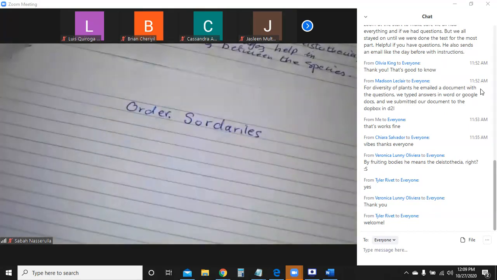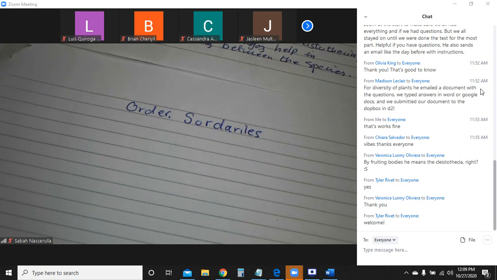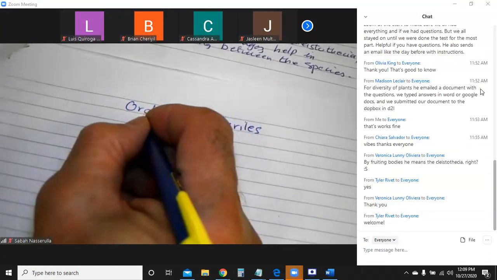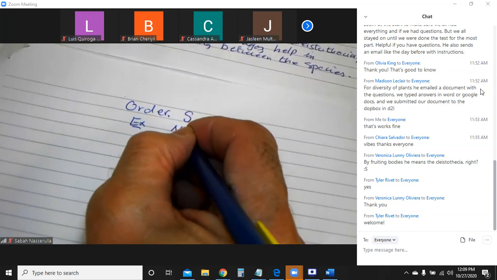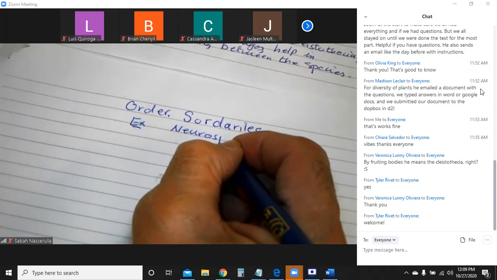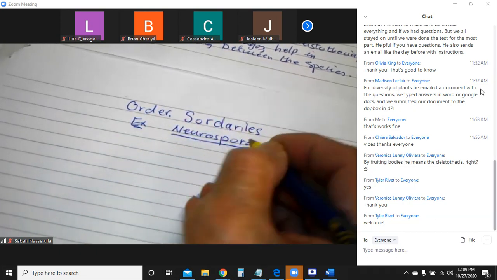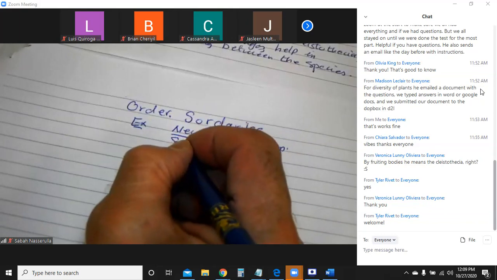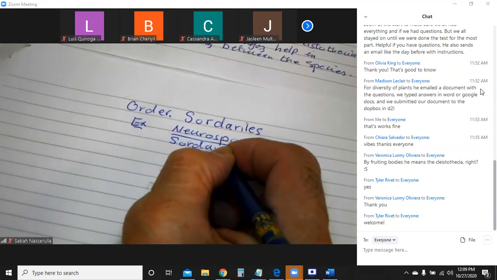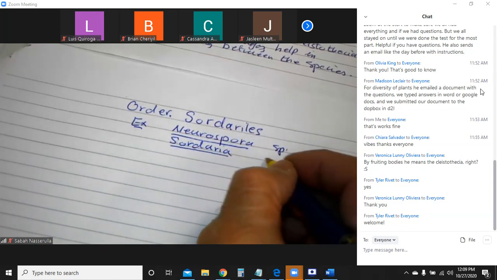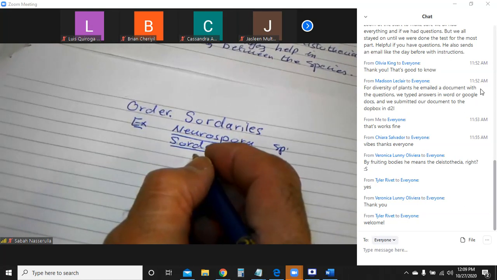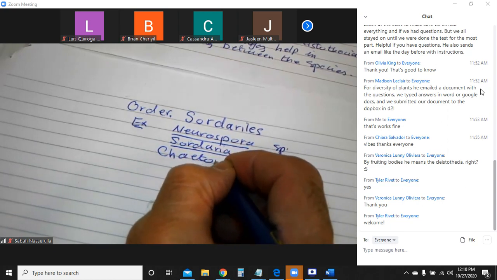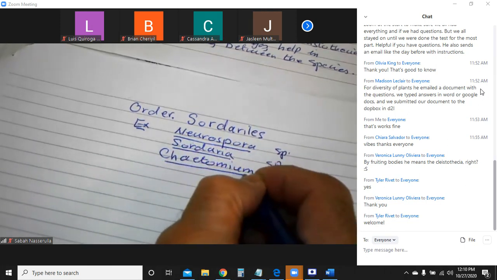I'm going to show it to you again. Now, in this order I'm just going to mention three genera. So this is a perithecial order. The first important example to mention is called Neurospora, the other one is Sordaria species, and the third one is known as Chaetomium species.